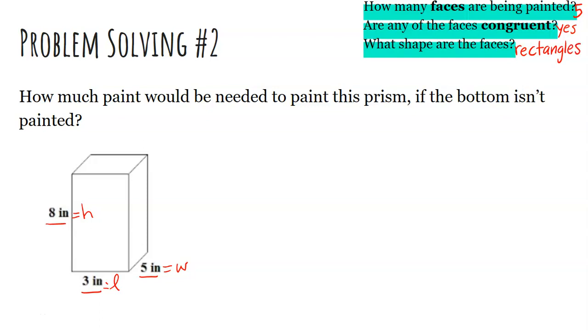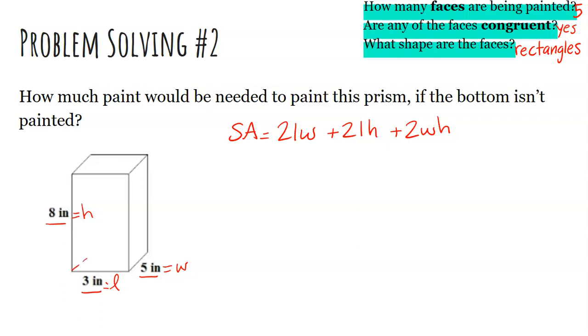To begin, we'd start with our surface area formula, which equals 2LW plus 2LH plus 2WH. Since we're multiplying all of these sides by 2, that means we're accounting for 6 faces. In this example, we do not want to include the bottom.